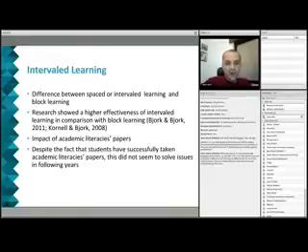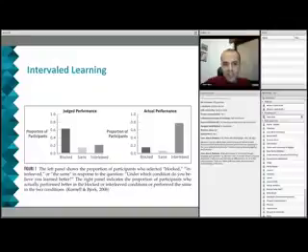I'll just advance one slide, and I'll come back to the previous slide in a moment. In one of their studies, they looked at knowing paintings and their authors, so they used a history of art context.